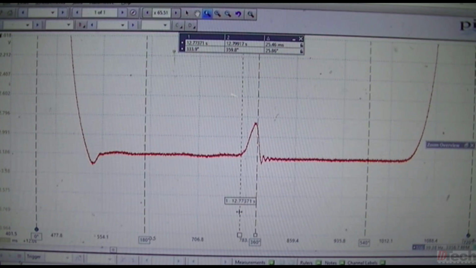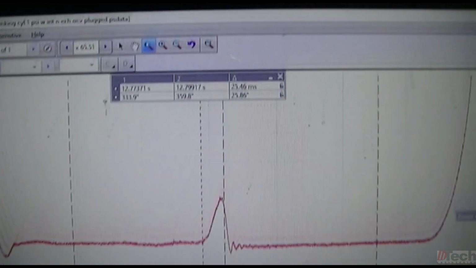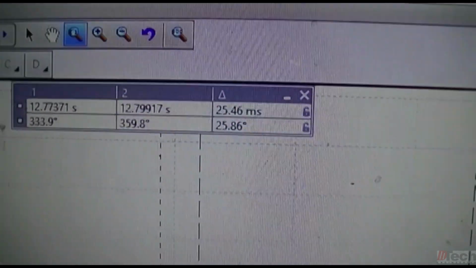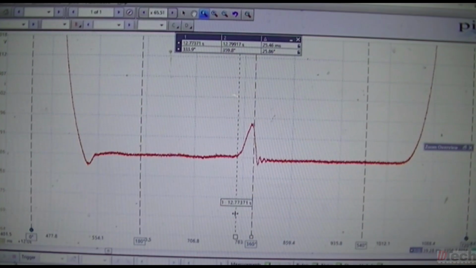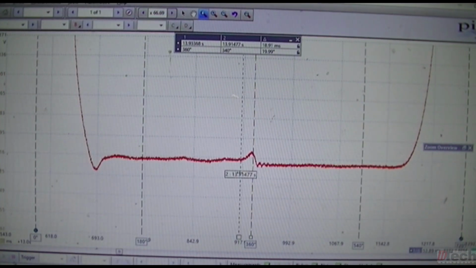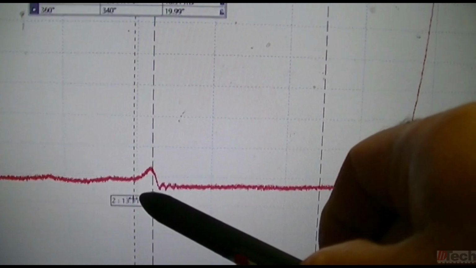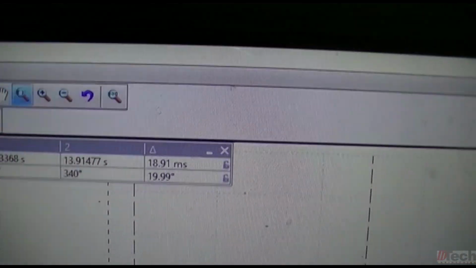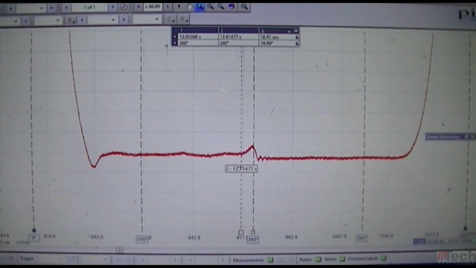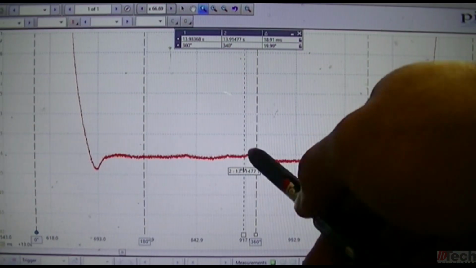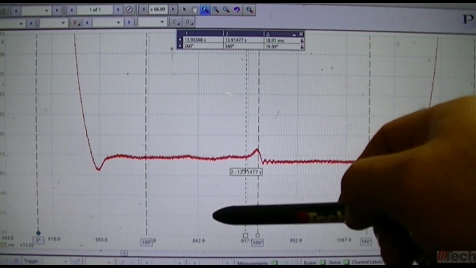Now we can go ahead and check when it closed. As far as the closing timing, it looks like about 25, 26 area. And bank 2, it's looking like right at about 20. So again, 5-6 degrees of a difference between the banks.